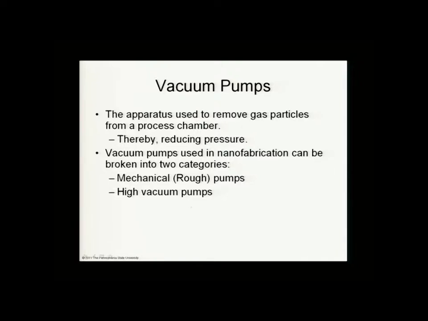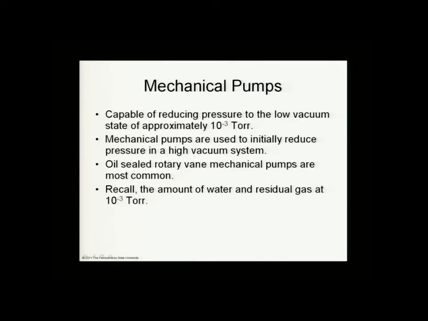The vacuum pumps used in nanofabrication, the ones that we saw in that previous table, we can break into 2 categories. Mechanical pumps, which are really good for low vacuum and roughing pumps, and then high vacuum pumps. Mechanical pumps are very simple.